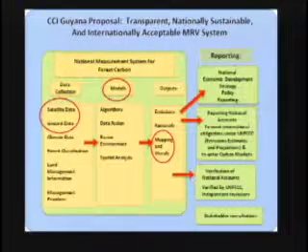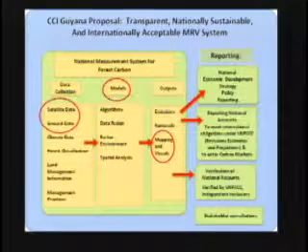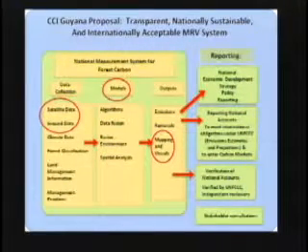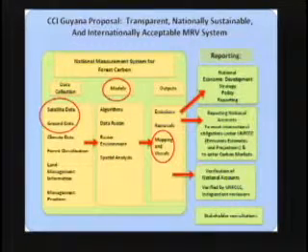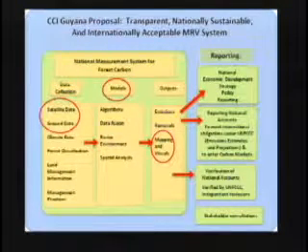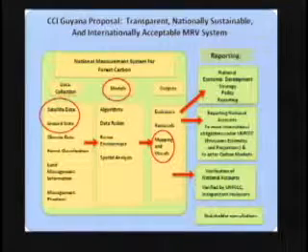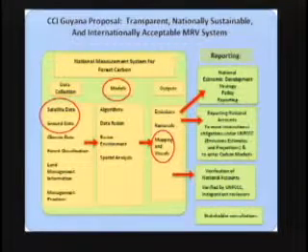Just a couple more slides to finish up in this component. In Guyana, there's a proposal by the Clinton Climate Initiative and others to organize a system that looks something like this. It would have a national measurement system, which would include data collection from forest inventory plots, ground data, climate data, satellite remote sensing data, et cetera, and a set of models that would use this data to extrapolate throughout the whole country.